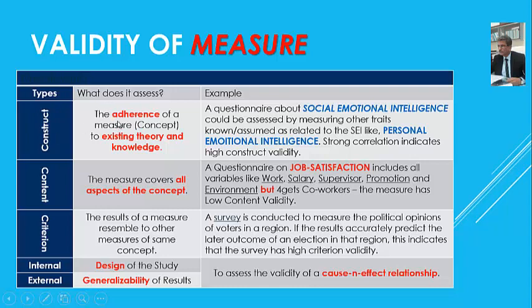Construct validity means whether or not the concept or the terminology we are using is connected with the existing theory and knowledge. Is it something which already has some connections with the existing body of knowledge? The example would be that a questionnaire about social emotional intelligence could be assessed by measuring other traits known or assumed as related to social emotional intelligence, like personal emotional intelligence.